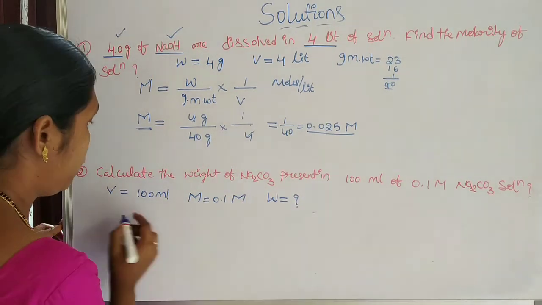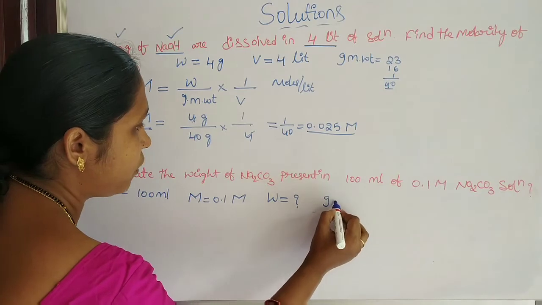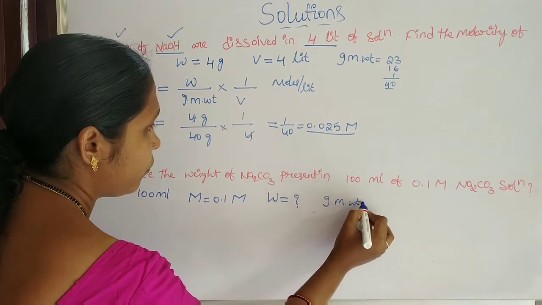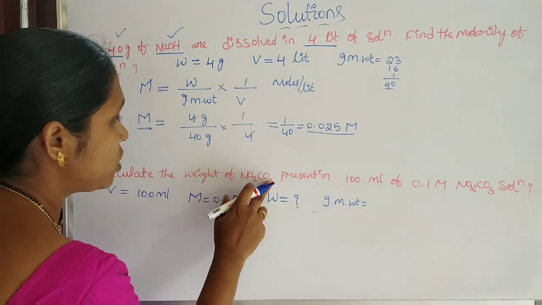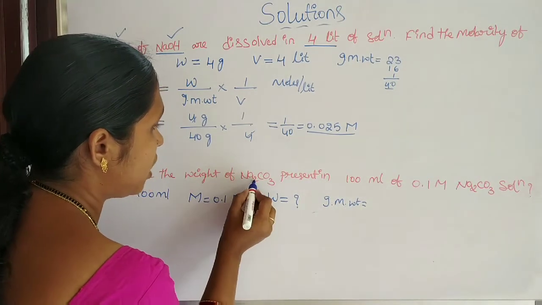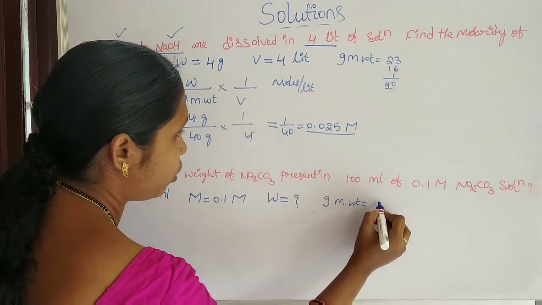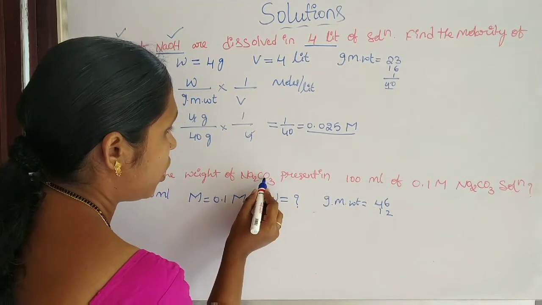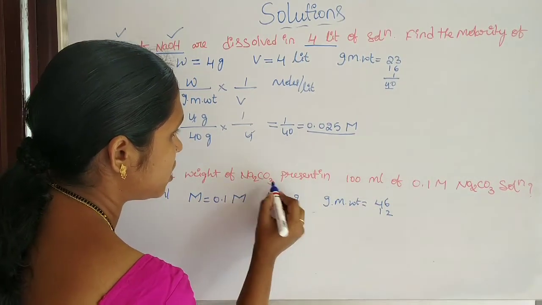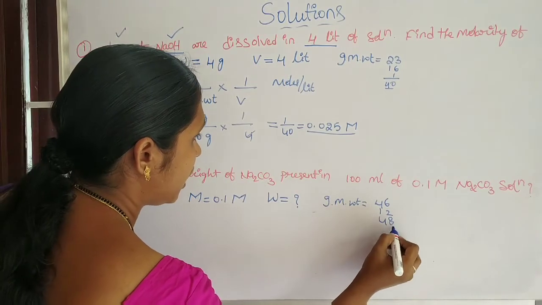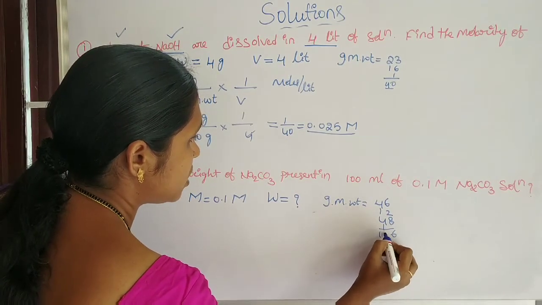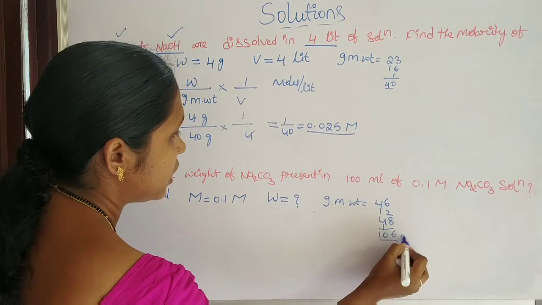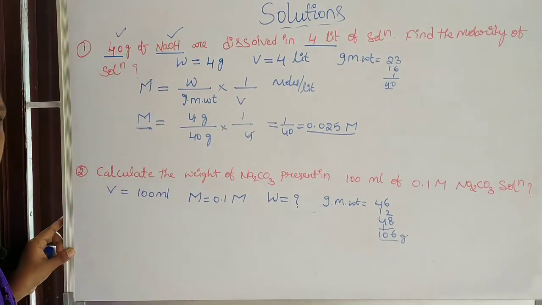What is the gram molecular weight of Na2CO3? Sodium is 23 into 2, which is 46, carbon is 12, and oxygen is 16 into 3, which is 48. That means 106 grams.